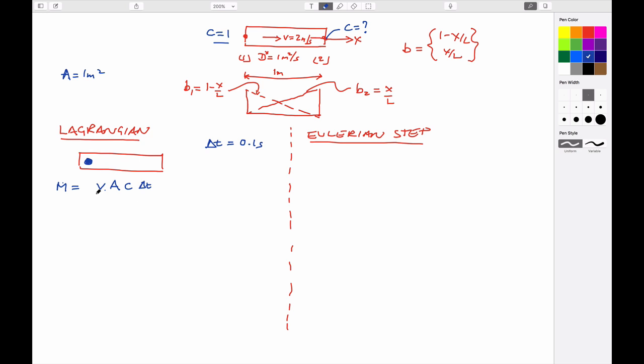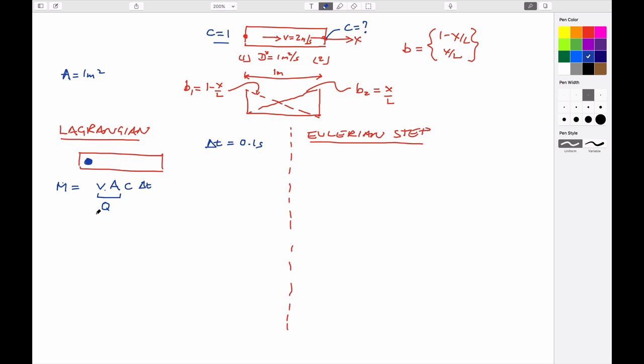So if we dissect this, this is what we call volumetric flow rate, Q, right? The velocity times the area is the amount of water that's going into the system per unit time. The water has some concentration, so you multiply the volumetric flow rate, which is the amount of water, times the concentration per unit volume of water.